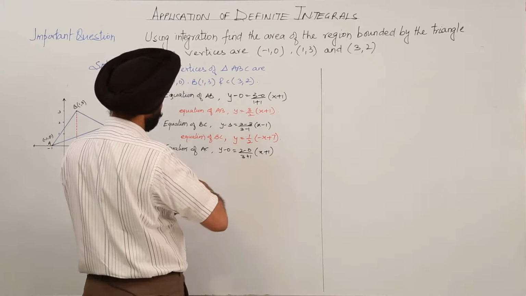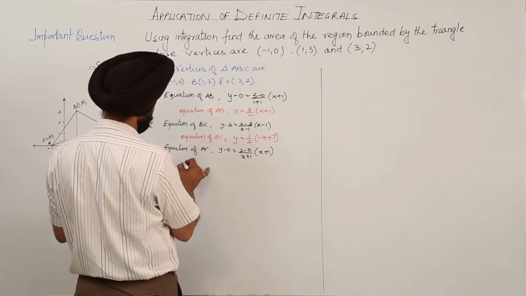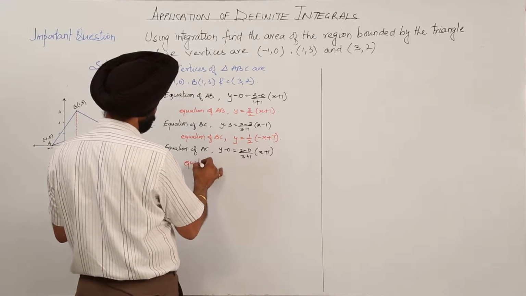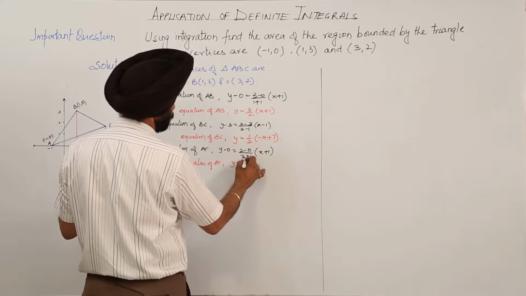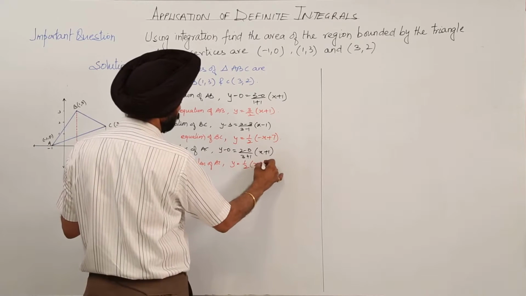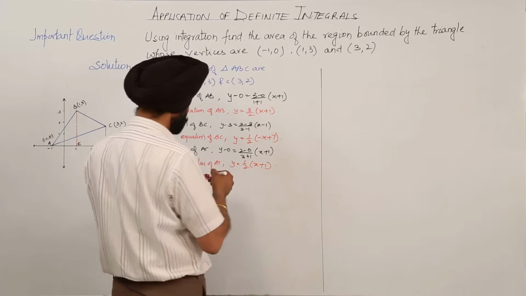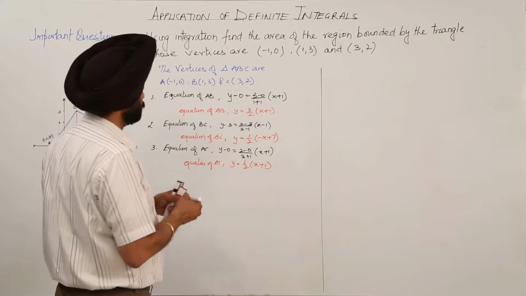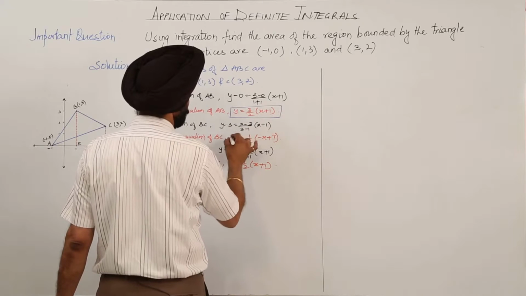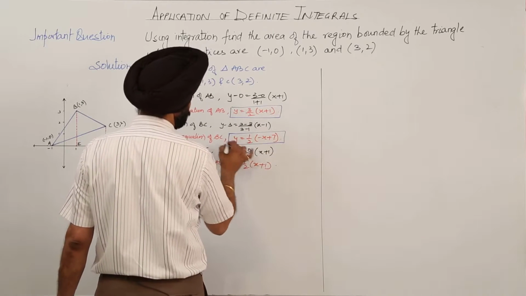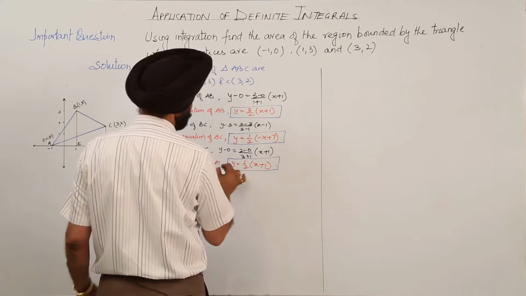Now the equation of AC is y equal to 1 upon 2 times (x plus 1). So we are getting 3 equations: 1, 2 and 3.